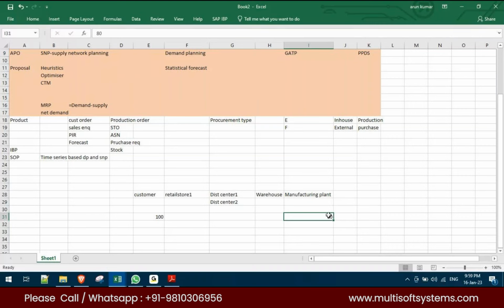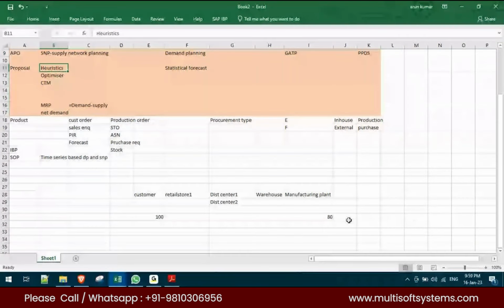I can only manufacture 50 in this week, so how do I fulfill the remaining 30? I can give subcontracting. I can also purchase from another store or anywhere, and I can fulfill this customer. So, thinking that I have unlimited capacity, heuristics runs.